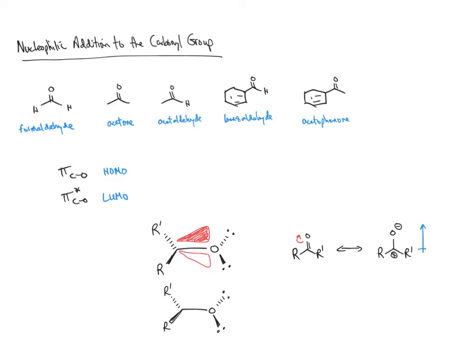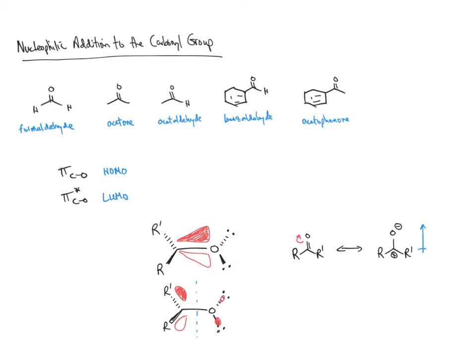There's a nodal plane in between the carbon and the oxygen, and so the LUMO is going to look like such. The nodal plane between the carbon and the oxygen gives rise to this pi star orbital in which the biggest lobes are on the carbon atom.